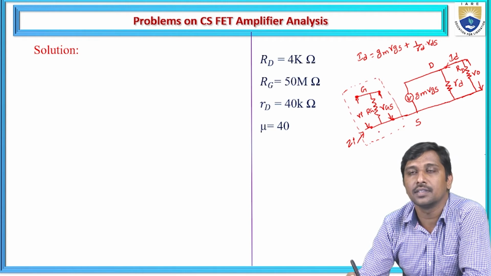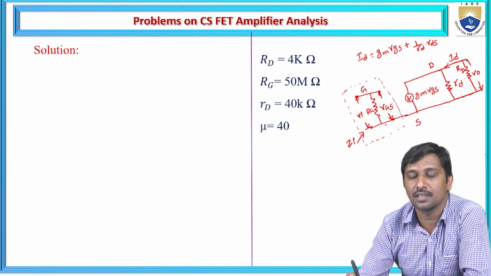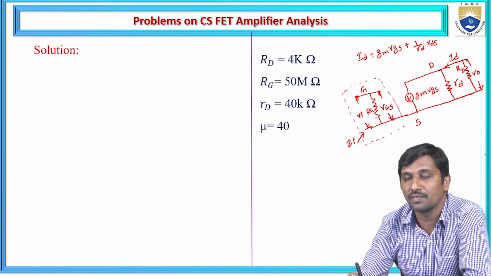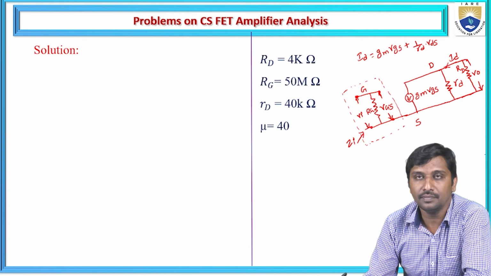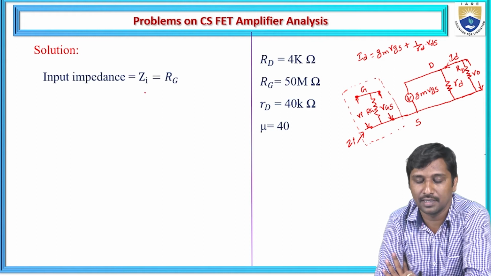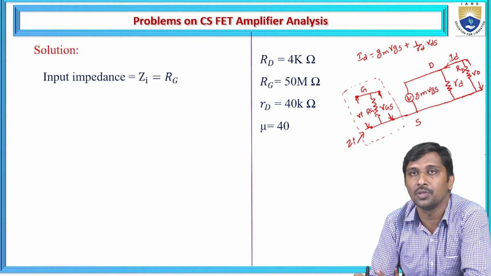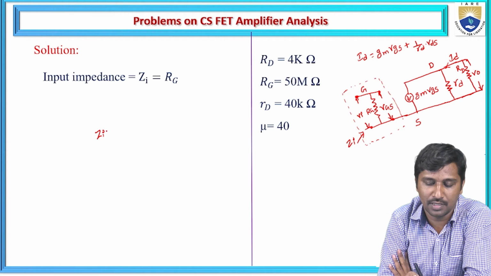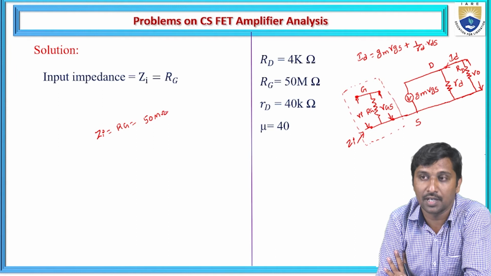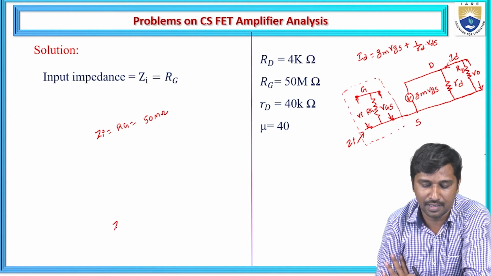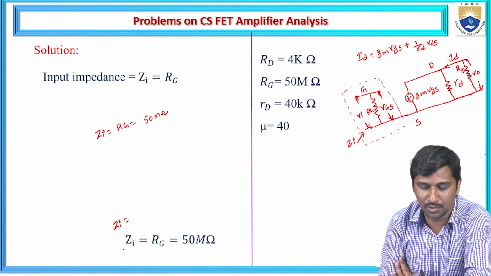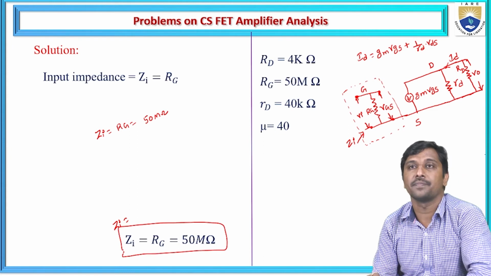From the circuit, ZI is the parallel combination with RG, so ZI is directly proportional to RG. We know RG is 50 mega ohms, so the input impedance is ZI equal to RG equal to 50 mega ohms.